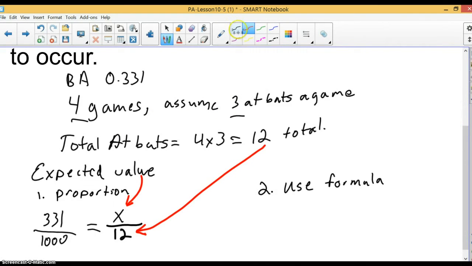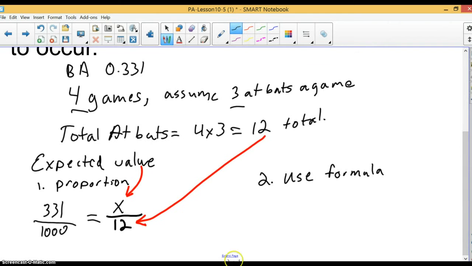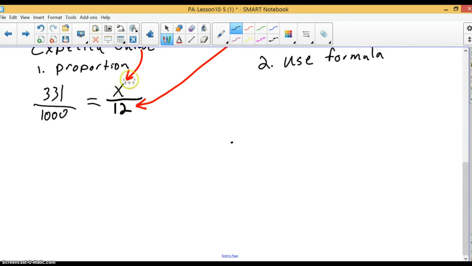So in solving this, we want to get x by itself. So we multiply both sides by 12. Because we do it on one side, we have to do it on the other. So we multiply everything out. We have 331 times 12.